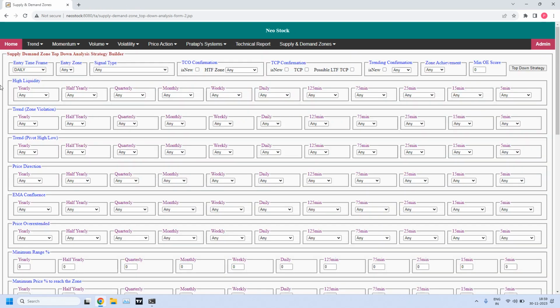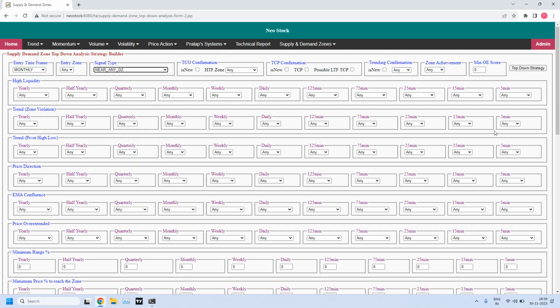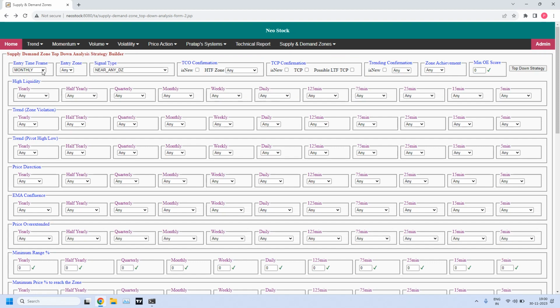Okay, let us generate demand and supply zones for the monthly time frame. Today is the end of the month, so the entry time frame is monthly. Let us find the stocks which are near the monthly demand zone. So only one stock is there near the monthly demand zone. So let's go back. Entry time frame is monthly.